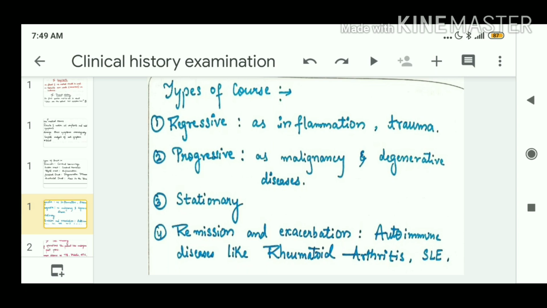And fourth, remission and exacerbation. Remission means the period of diminution, the reduction or disappearance of the signs and symptoms of a disease. This includes autoimmune diseases like rheumatoid arthritis and systemic lupus erythematosus.